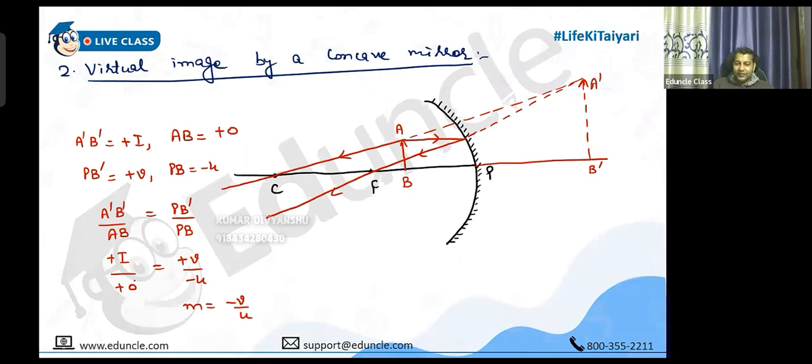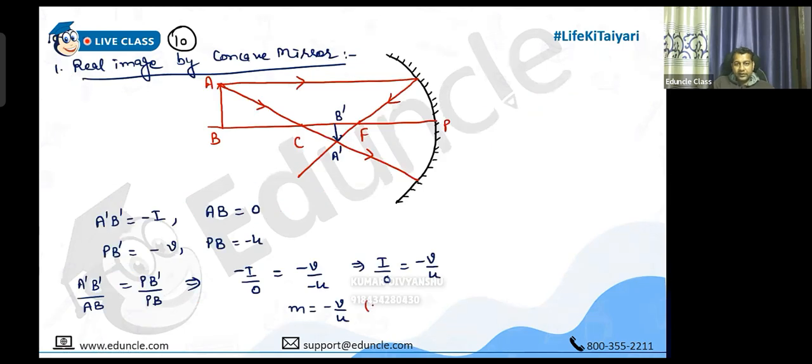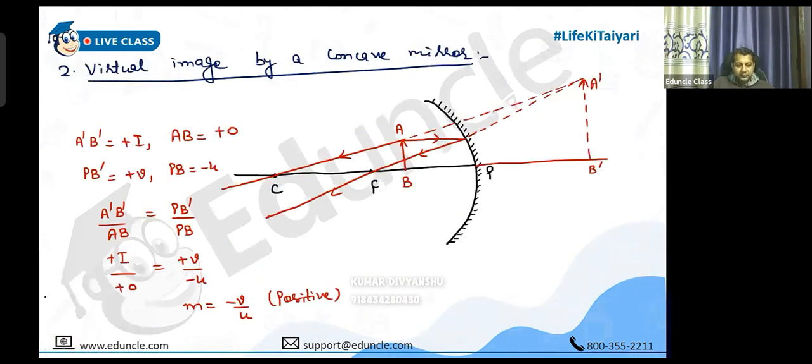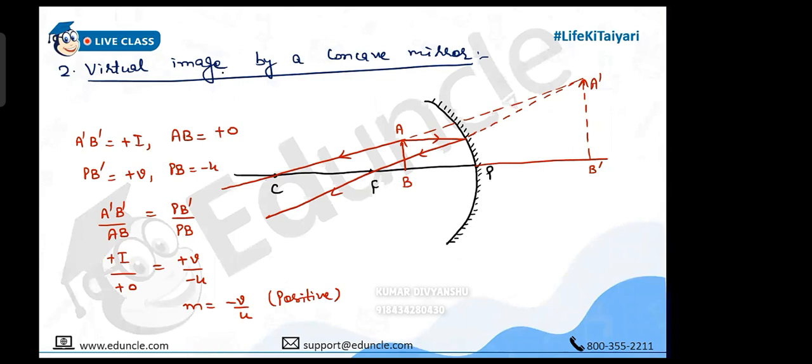As V is positive and U is negative, this will become positive. Here earlier it was negative because V and U both are negative. Is it clear? So for both cases, the formula is the same.